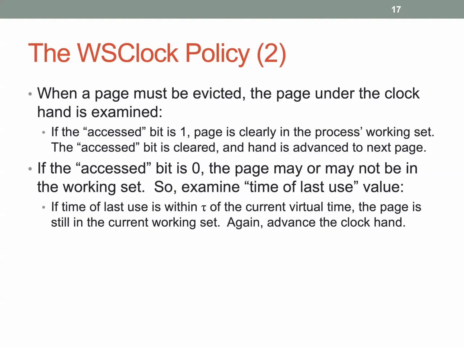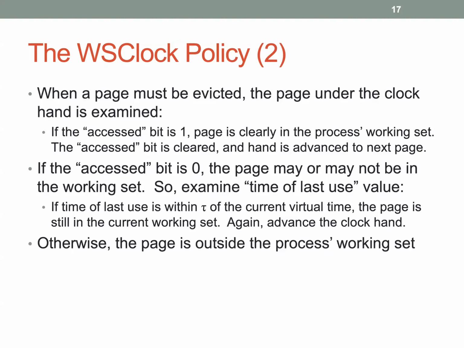We don't actually evict that page because even though its access bit is 0, we're saying we still think it's in the working set. So you can see that this is just an extension of the clock policy to include this notion of a working set. If it's further in the past than tau and its access bit is 0, we say, you get to go away.